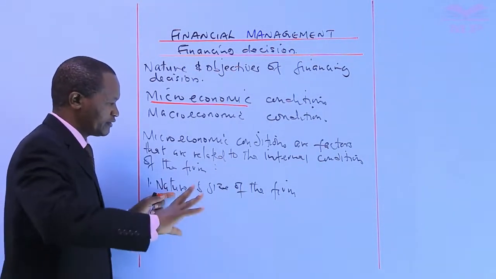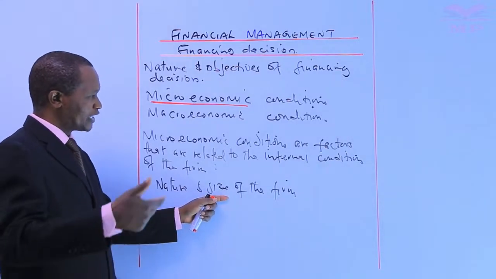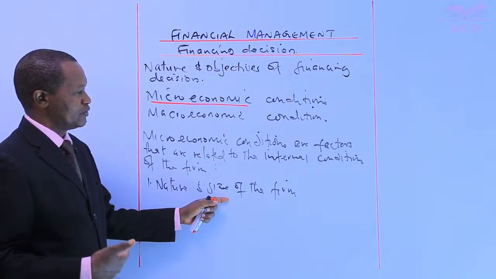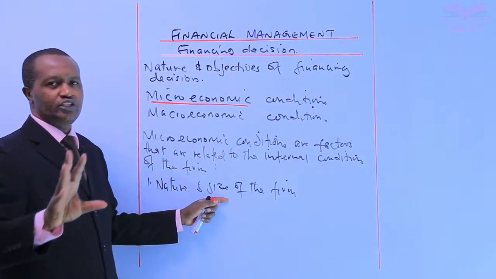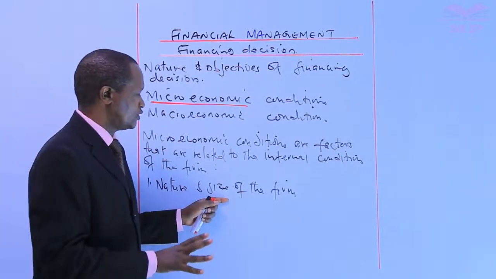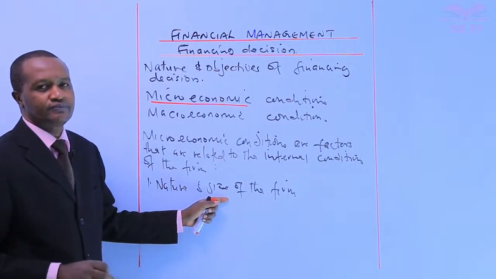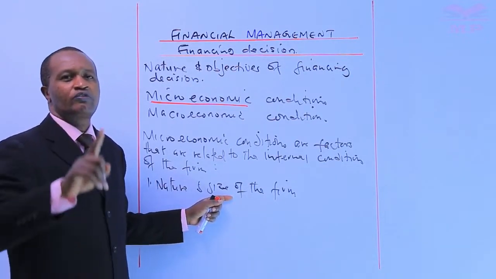So the nature and the size of the farm is an internal condition that will influence the financing decisions of the farm.